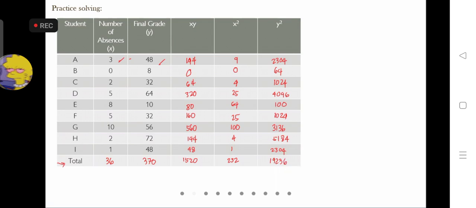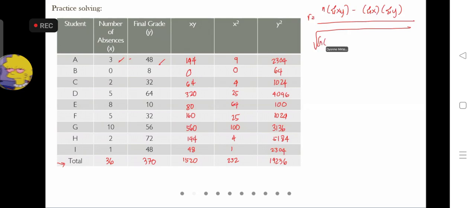So writing again our formula for the correlation, n times summation of xy minus summation of x times summation of y over square root of n times summation of x squared minus summation of x squared, then n times summation of y squared minus summation of y squared.